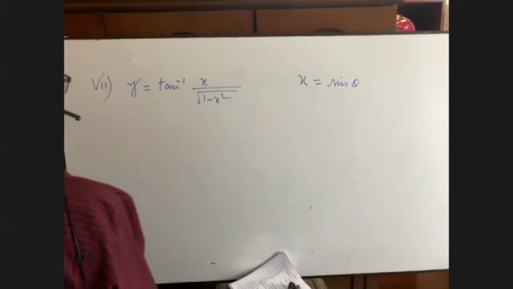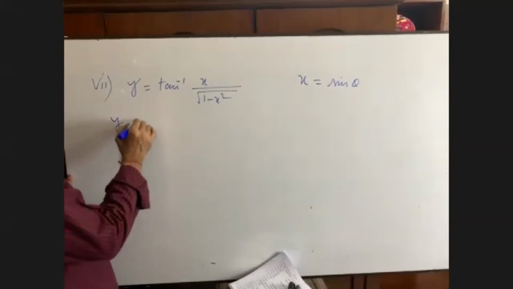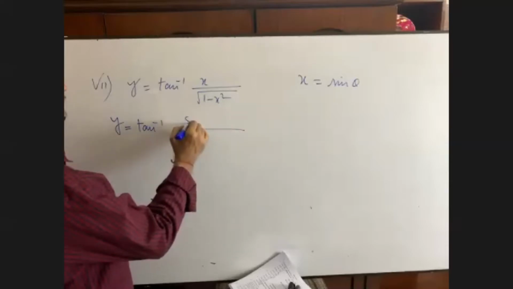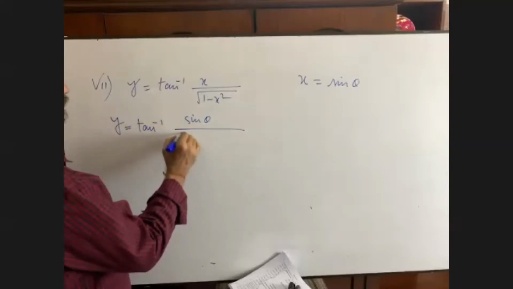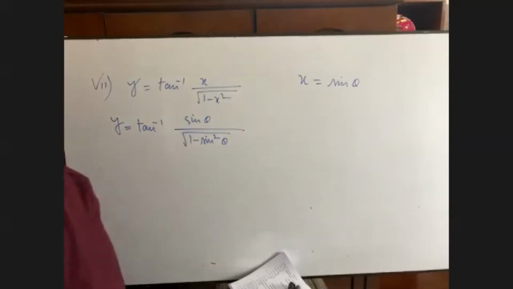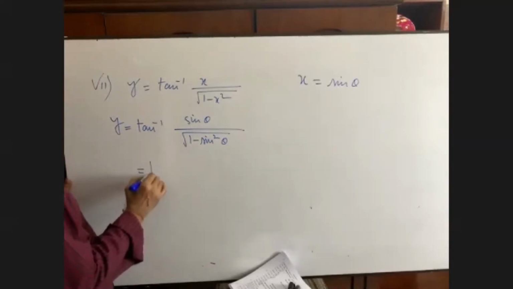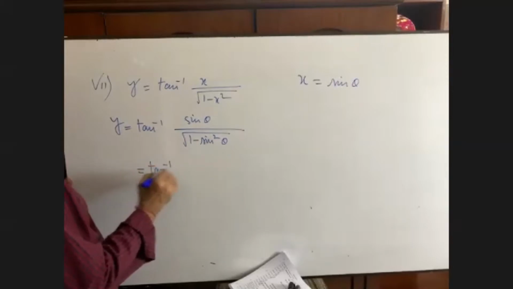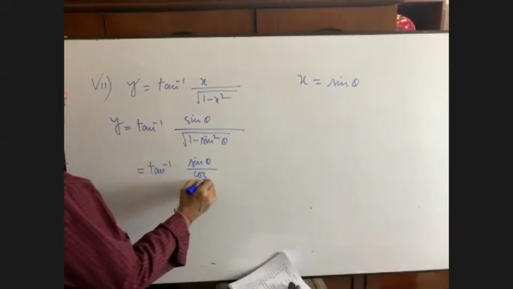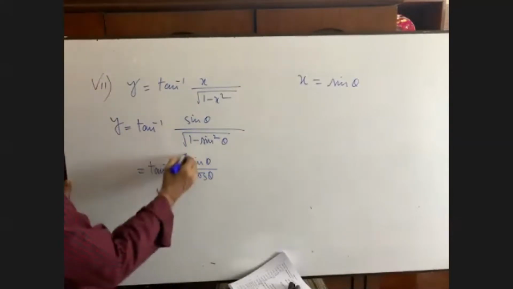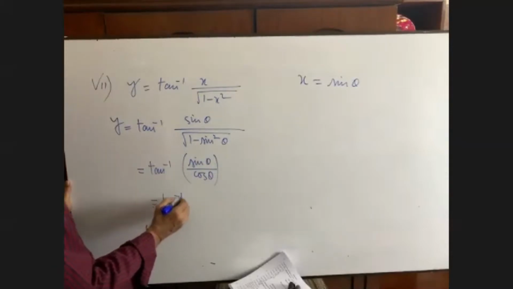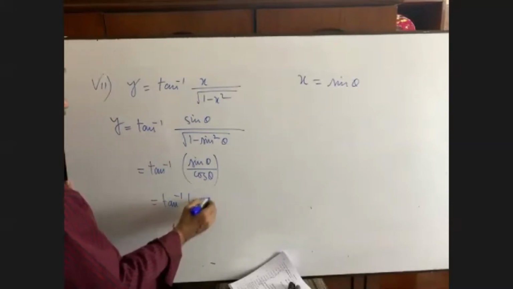Now you put the value. y equals tan inverse sin theta by root over 1 minus sin square theta. That means we are getting tan inverse sin theta by cos theta, which is tan inverse tan theta.